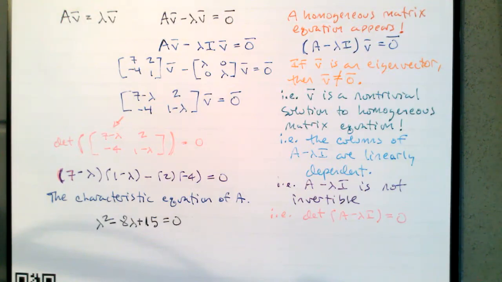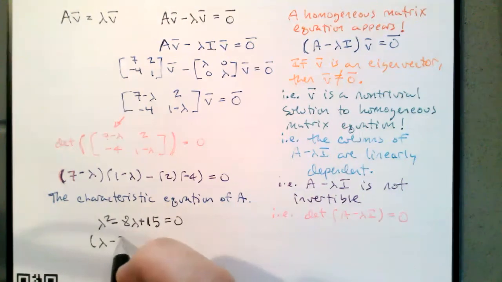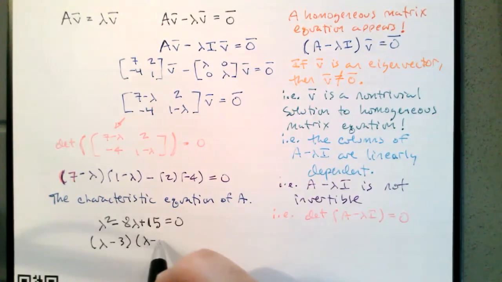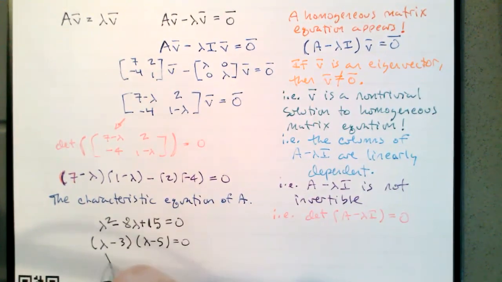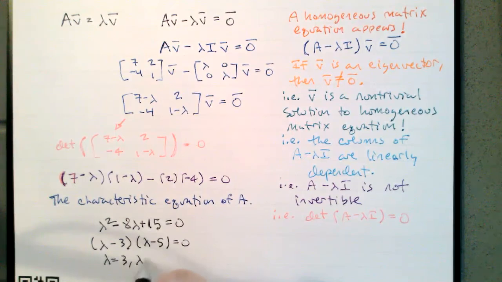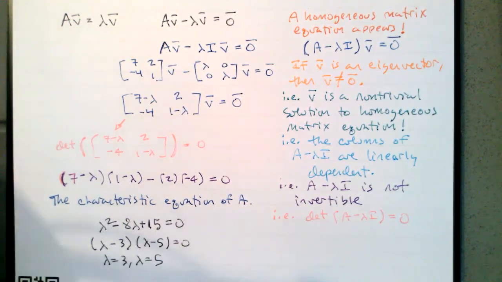Now we just need to find the two lambdas that make this work. So lambda squared minus 8 lambda plus 15 equals 0. We can go the traditional route and factor this, because if we want to be old school, we'll have a 3 and a 5. So lambda equals 3 and lambda equals 5. Those are our two eigenvalues.